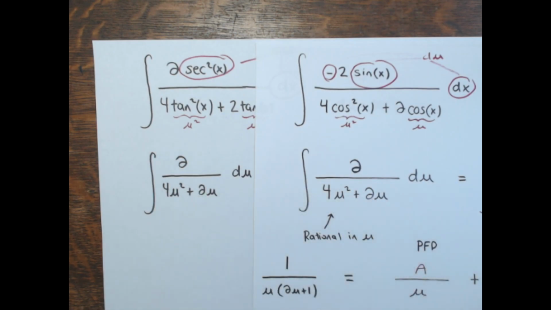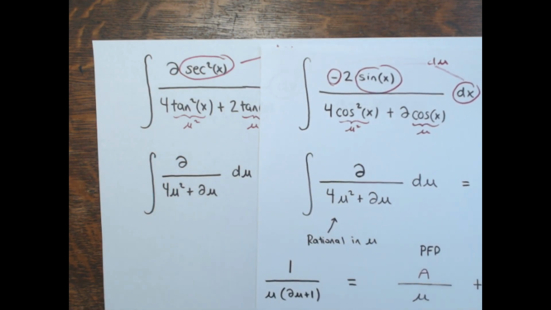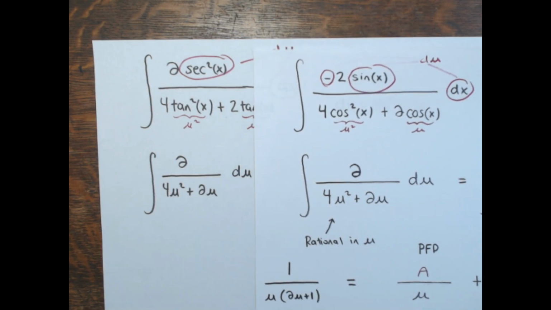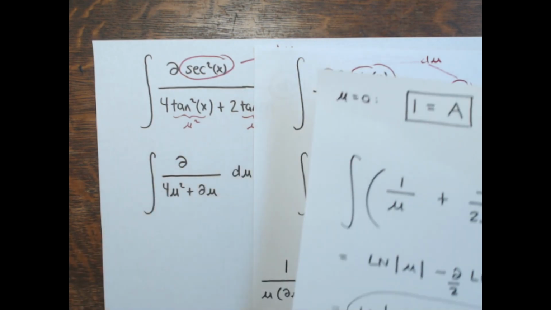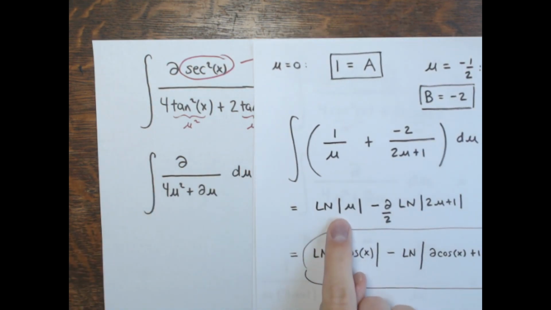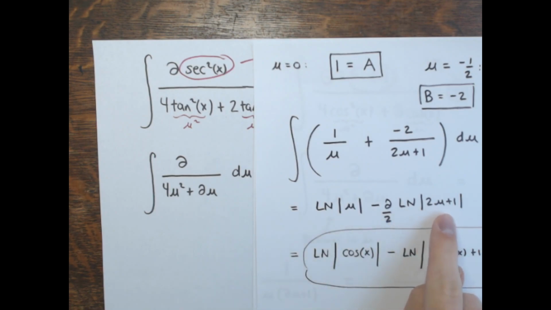So I'm not going to go through all that again. But we got it earlier, and it ended up being this: the natural log of u minus the natural log of 2u plus 1.